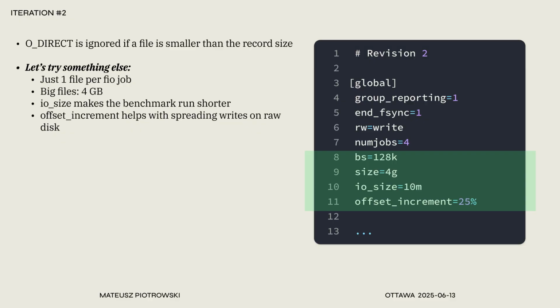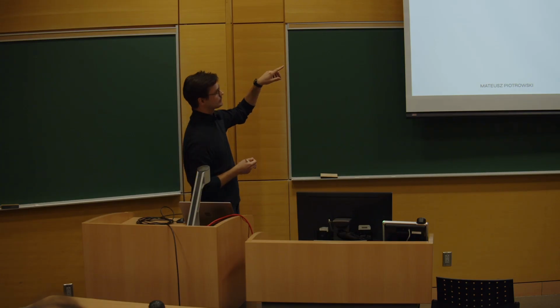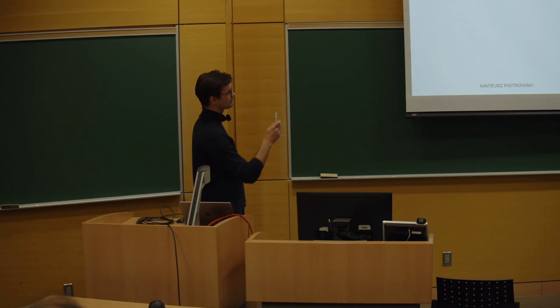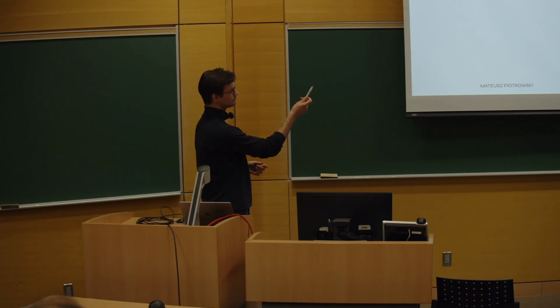So OK, let's try something else then. So now we do one file per FIO job. We do big files to make sure that we have files that are big enough. So 4 GB. I also set I/O size to make the benchmarks shorter. And then the offset increment helps me with the raw disk.